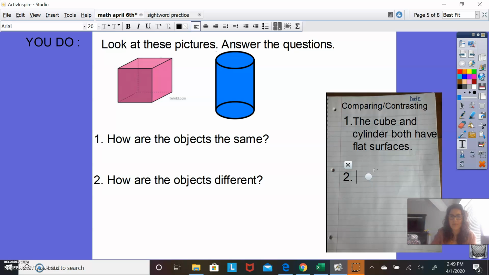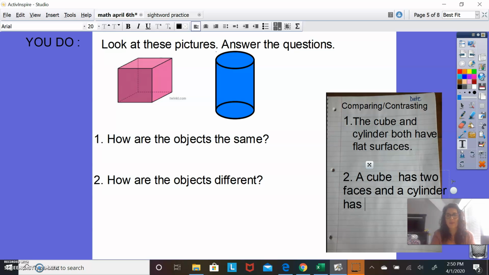I'm going to move that up. A cube has 6 faces, and a cylinder has 2 faces.